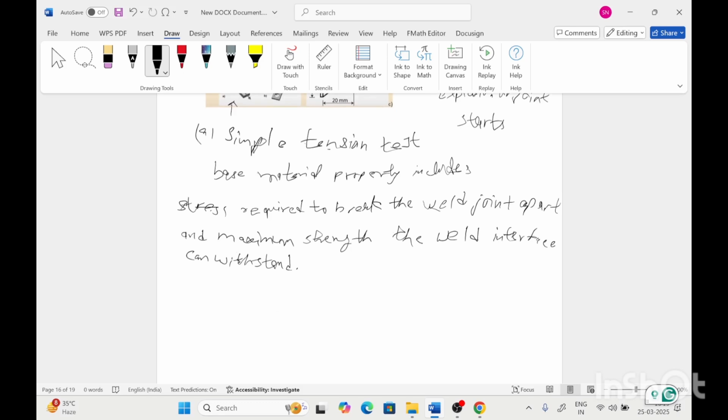As we know, the base material property, meaning strength, is also included in this test.